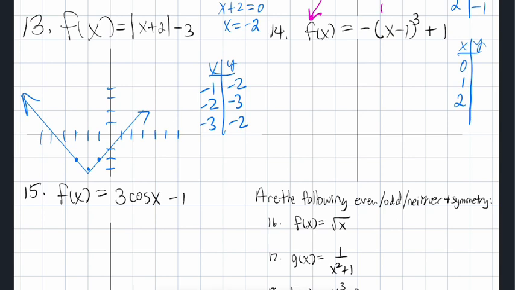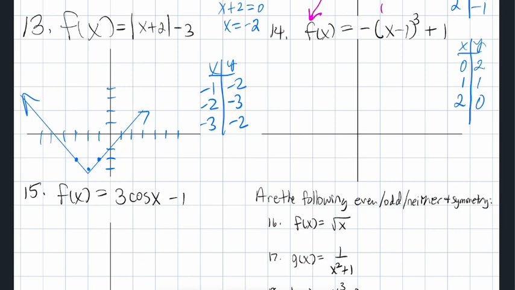Okay, if I plug in 0, I get -1 cubed, which is -1, but there's a negative on the outside, which is +1. And so +1 plus 1 is 2. I know I said that fast, but if I plug in 1, I get 0. Cube, that gets 0. The opposite of that's still 0, so that's +1. And then if I plug in 2, I get 1, but the opposite of that's -1 plus 1 is 0.